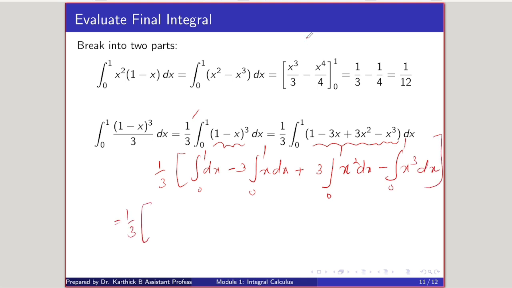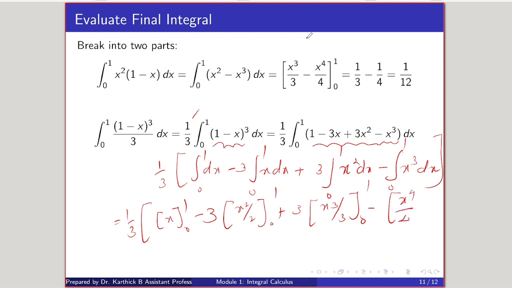So I will get x from 0 to 1, minus 3x square by 2 from 0 to 1, then 3x cube by 3 from 0 to 1, minus x power 4 by 4 from 0 to 1.